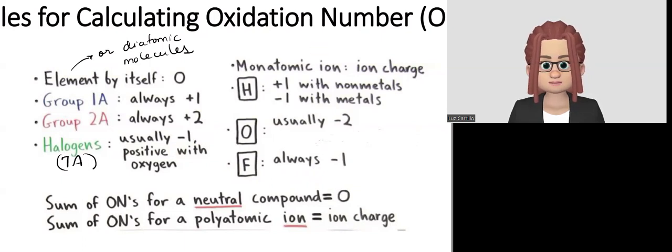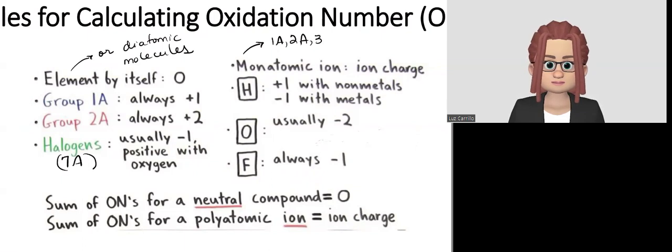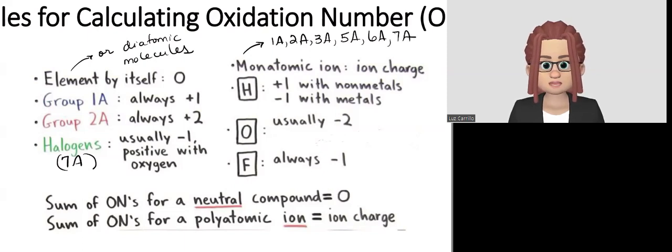Monoatomic ions, like they live in 1A, 2A, 3A, 5A, 6A, 7A, as long as they are in ionic compounds, their oxidation number is their ion charge.